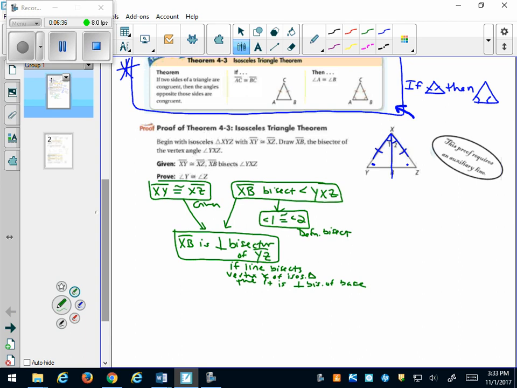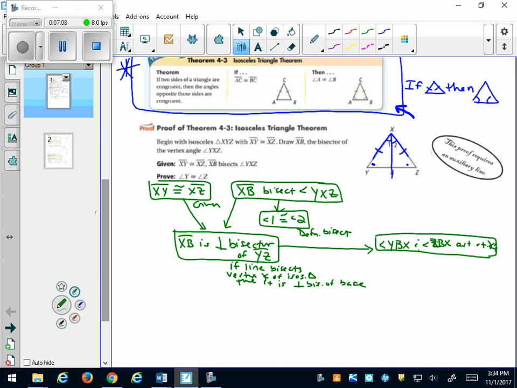Okay, you guys need to kind of not write too big for this proof here. So that means if it's the perpendicular bisector, I'm going to come off to the side here now. That means that angle YBX and angle ZBX are right angles, right?